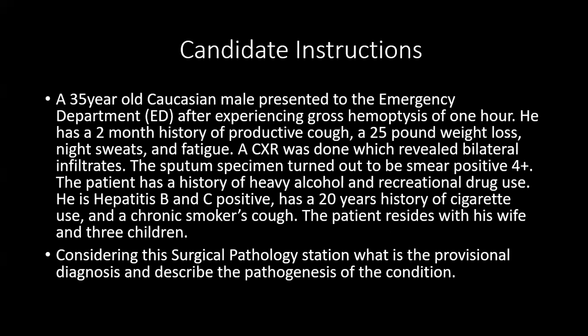So different conditions like infection, inflammation, and then foreign body. What are Langhans giant cells? It's a multinucleated cell formed by the fusion of macrophages and monocytes, and it forms the granuloma.